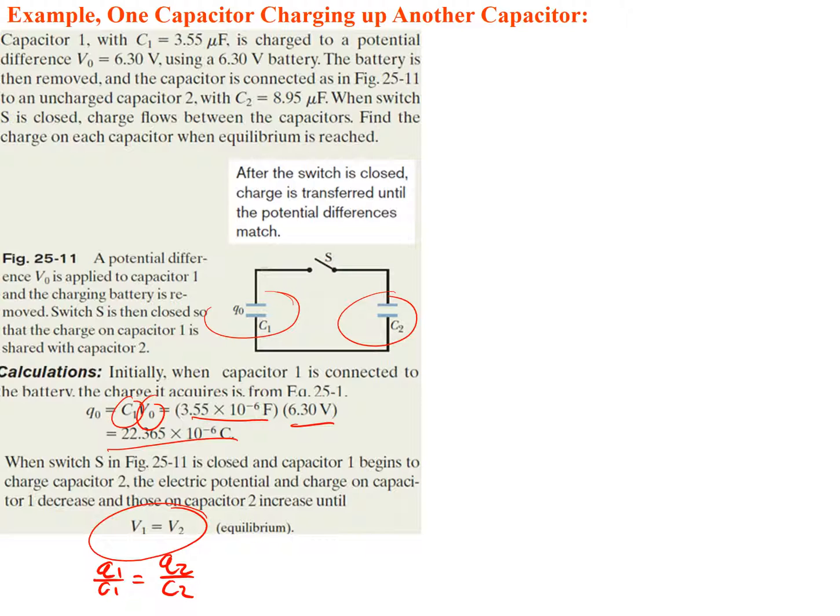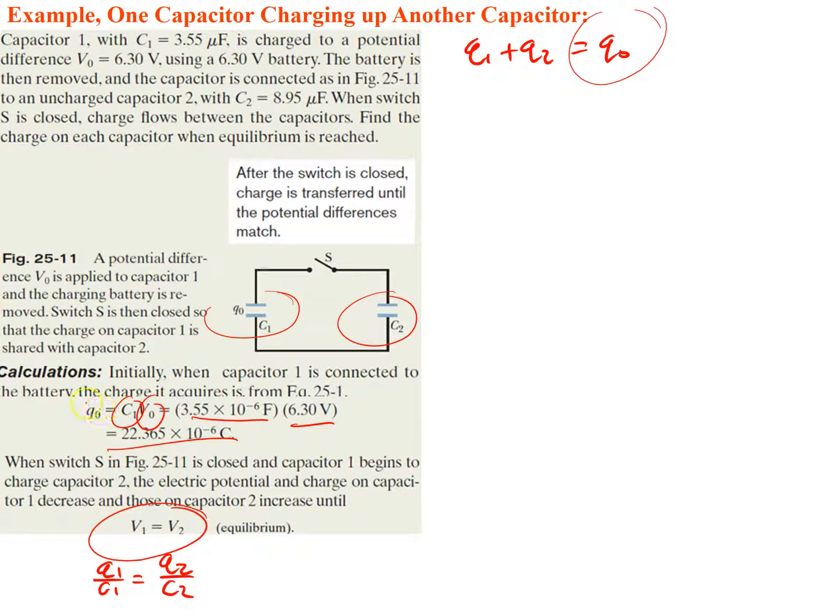Well, we know that charge in itself cannot be created or destroyed. So the total amount of charge can't change, which means that Q1 plus Q2 is equal to Q0, where Q0 is our original charge.